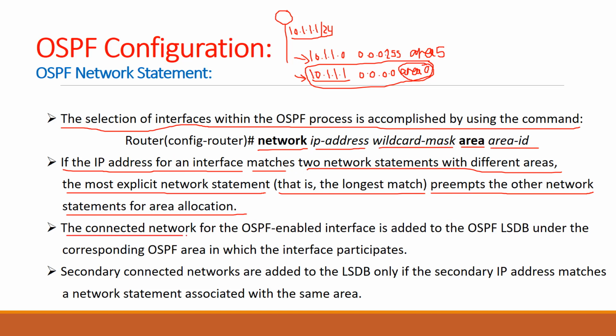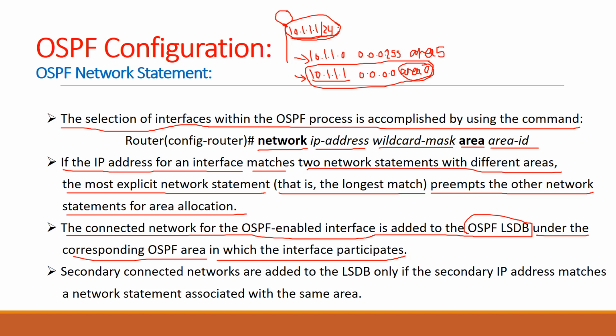The connected network for the OSPF-enabled interface is added to the OSPF link state database under the corresponding OSPF area in which the interface participates. So when you enable OSPF on that interface, the connected network, this one, is added to the link state database under the corresponding OSPF area which this interface participates in.